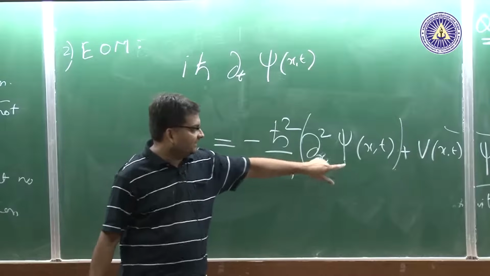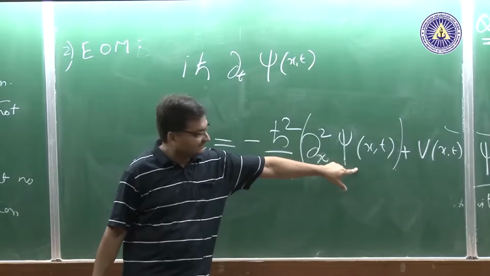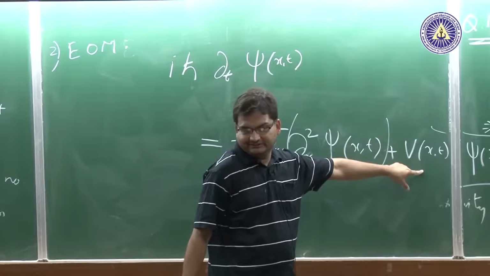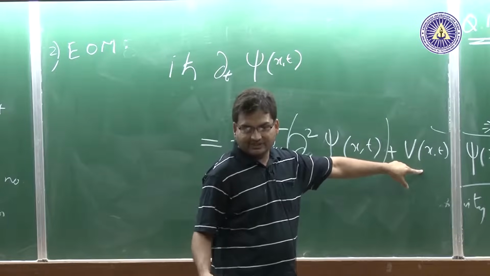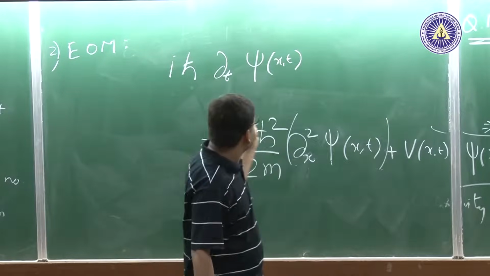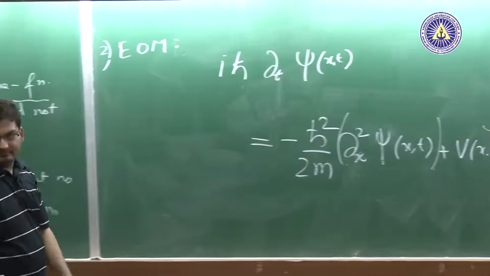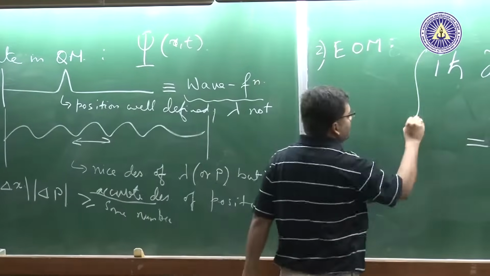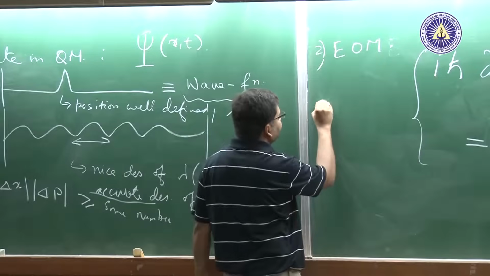So, this partial derivative acts on this guy twice. V is typically the potential energy, similar to what we would think in our classical mechanics. And this is the equation which describes the dynamics. So, this is called the Schrodinger equation.